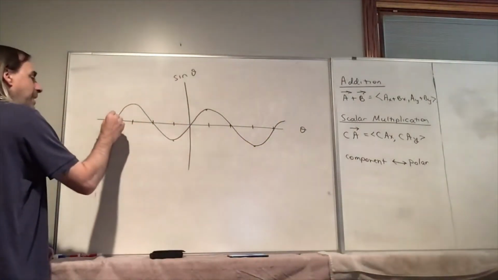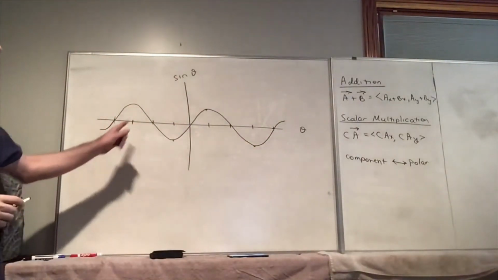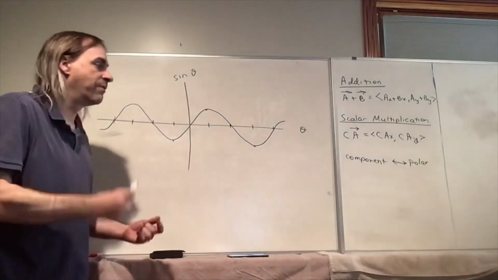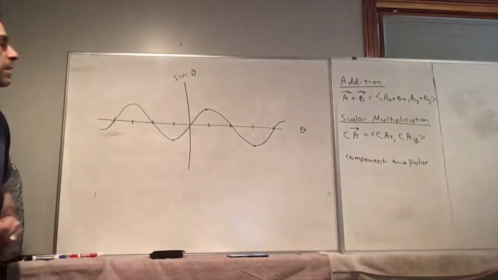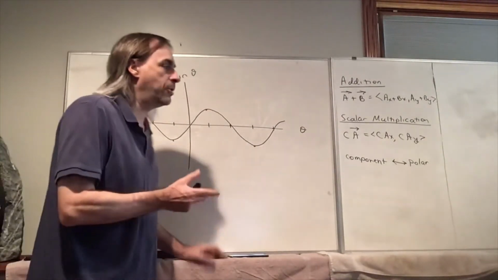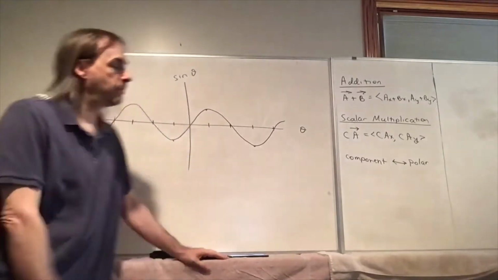Okay, so this is sine of theta. And if you look on your calculator, of course, you have an inverse sine function. So does this function have an inverse? And the answer is no, it does not.